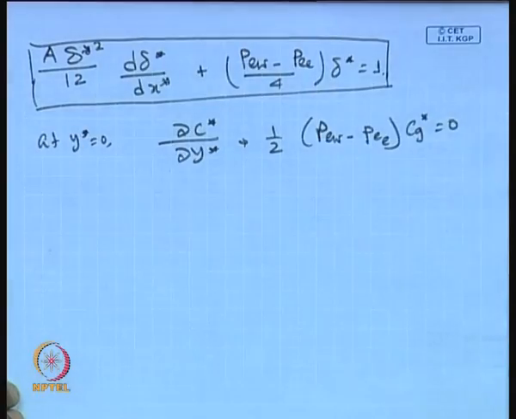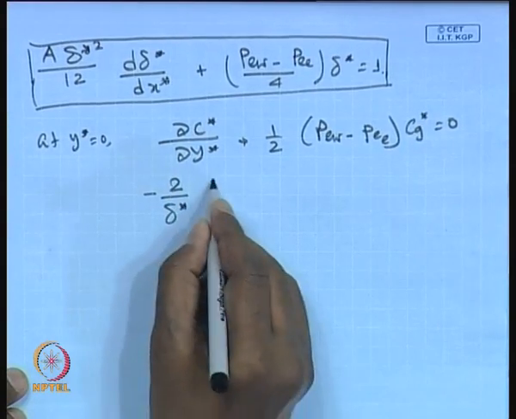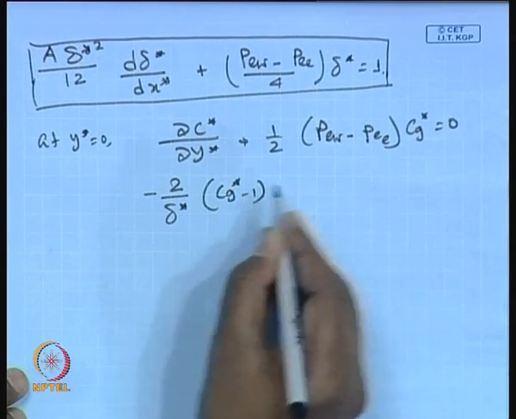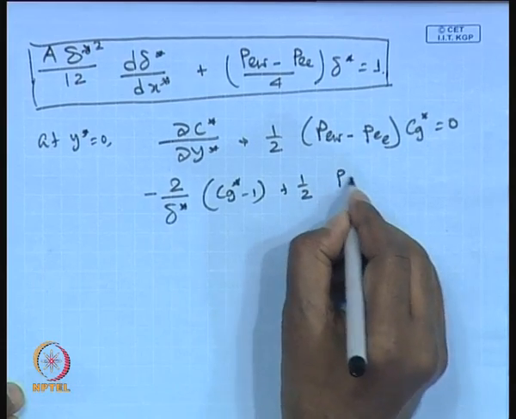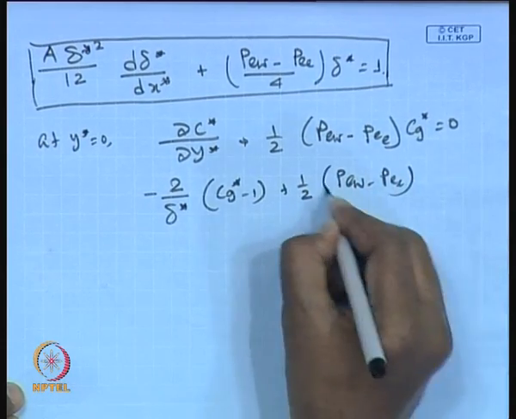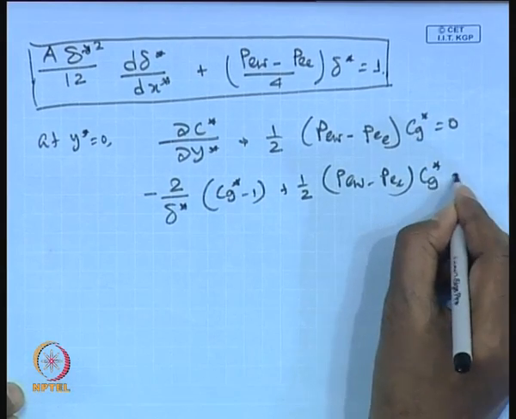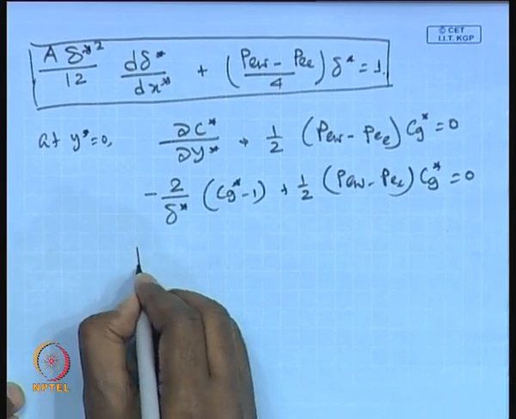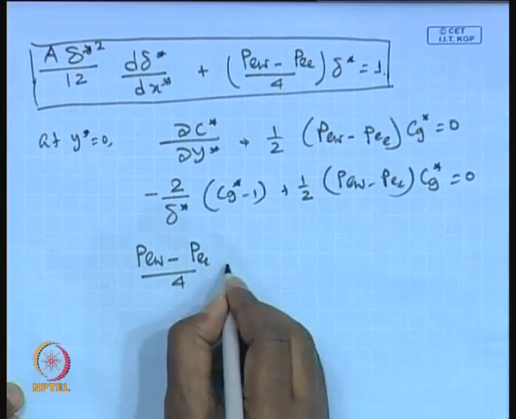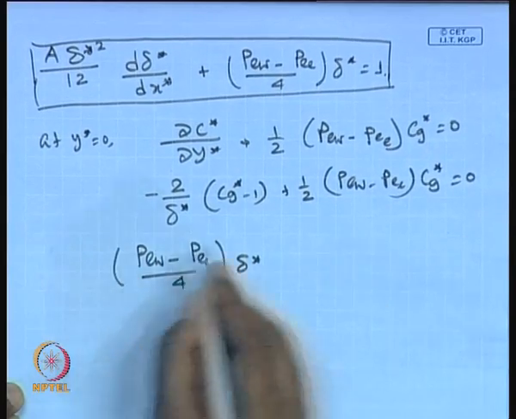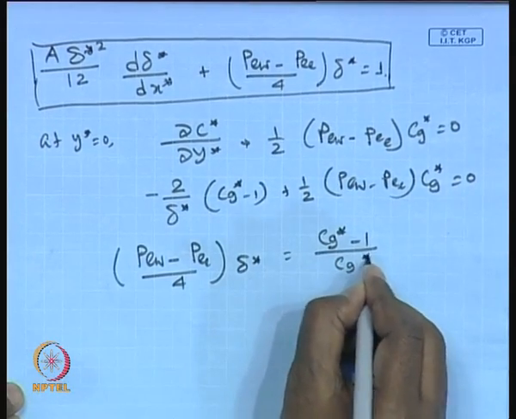You put that into this equation and what you will be getting is minus 2 by delta star C g star minus 1 plus half P w minus P e e, and C star becomes C g star there at y star equal to 0. So, you will be getting P w minus P e e divided by 4 times delta star is equal to C g star minus 1 divided by C g star.